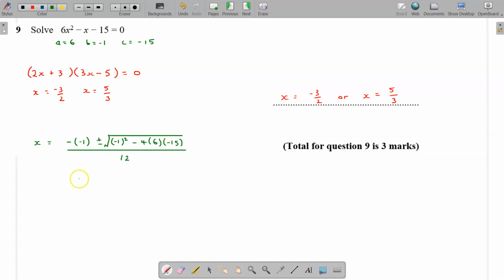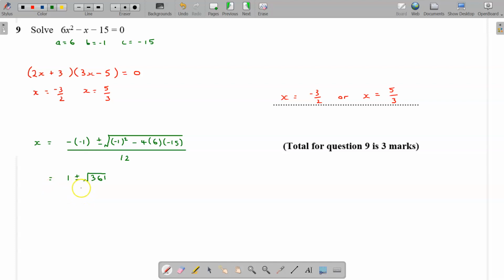So it would be very easy to go wrong with the minus signs here. When you work out that square root, this is minus minus 1, which is 1. That's plus or minus the square root of 361. You may not know that that's 19, but it is.